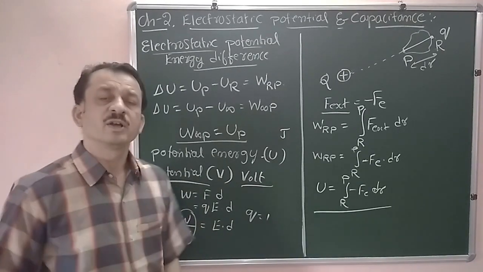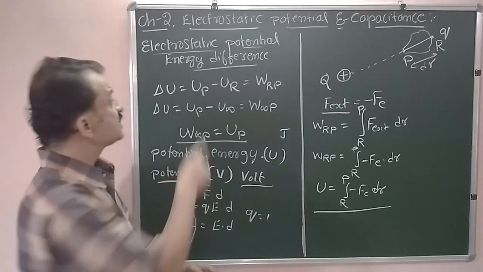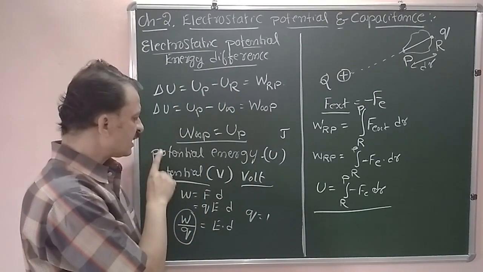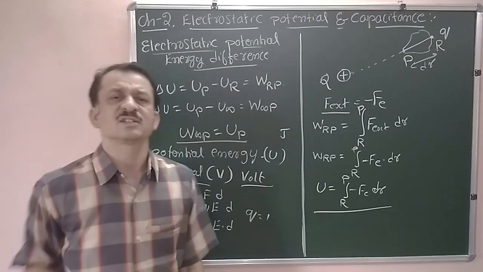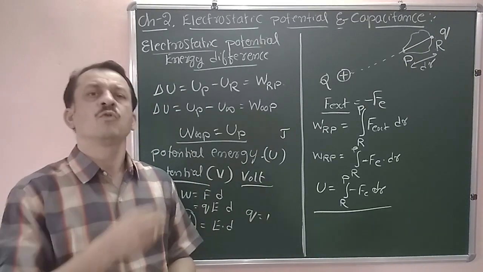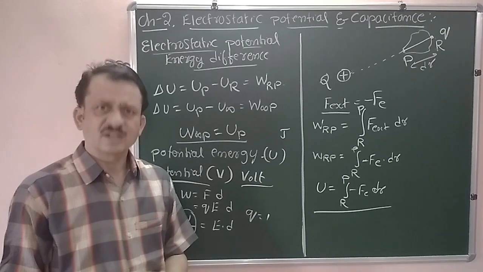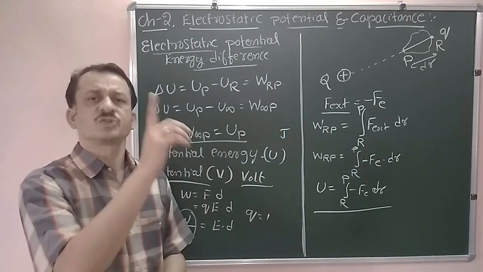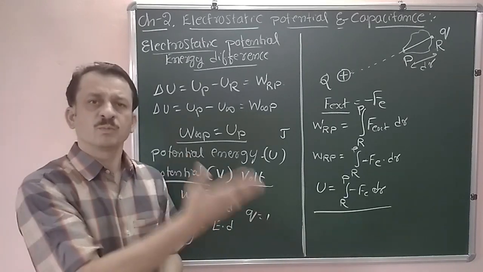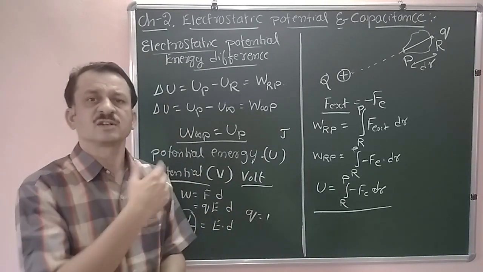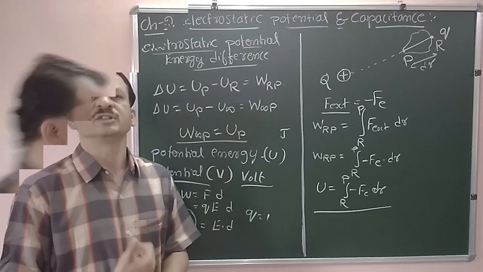Similarly, we can define electrostatic potential difference. This is electrostatic potential energy difference. Now this is electrostatic potential difference. Then what is the meaning of that? How do you define it? It is the amount of work required to bring a unit positive charge from one point to another point in the presence of an external field configuration.